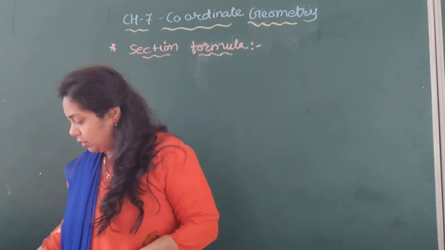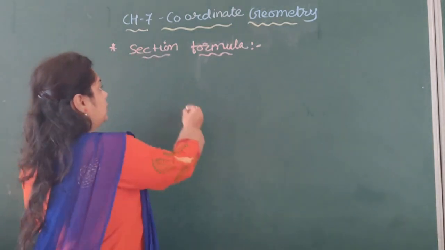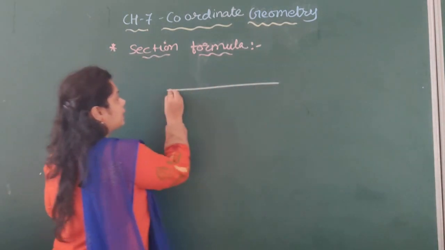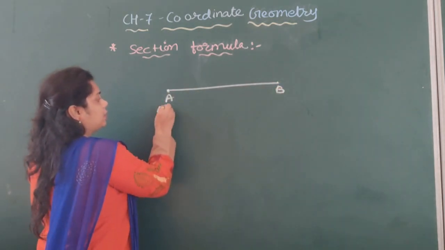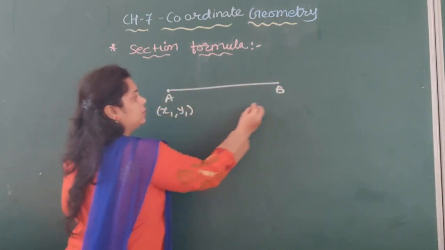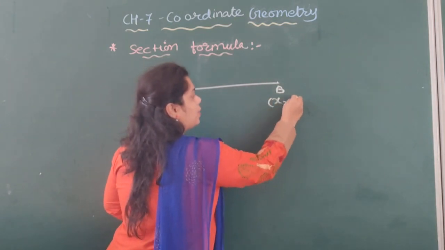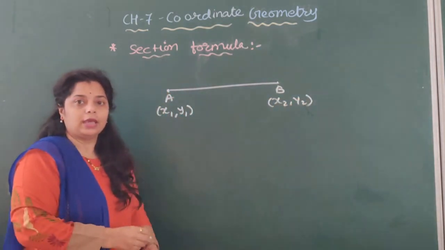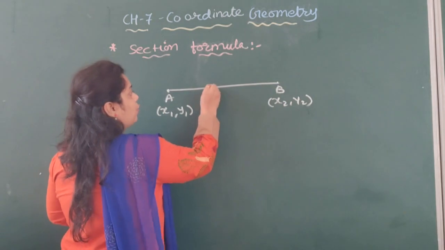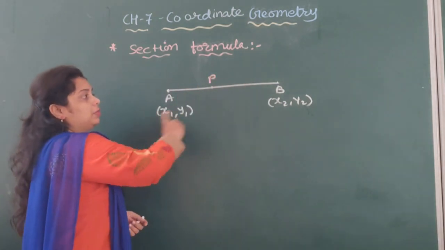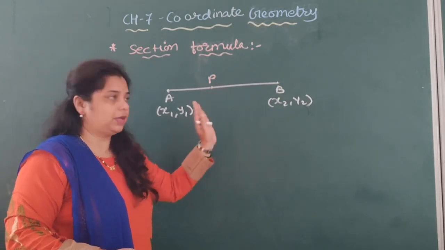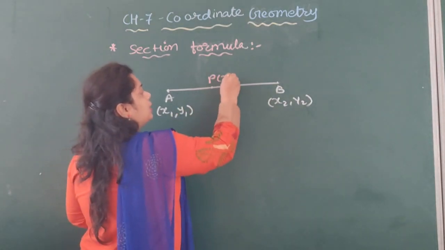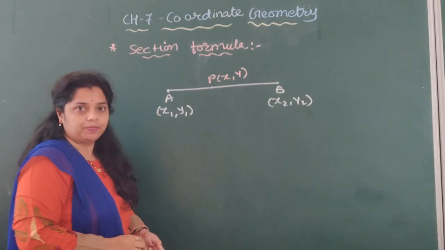Okay, so first of all, I want to show you that if AB is a line segment, A having x1, y1 coordinate and B has x2, y2 coordinate. And if P is a point somewhere in between A and B, not exactly in between, but somewhere, and its coordinates are x and y.